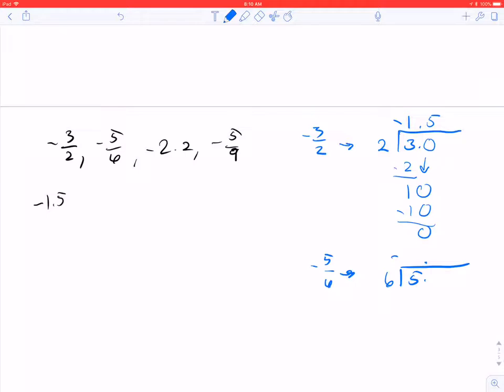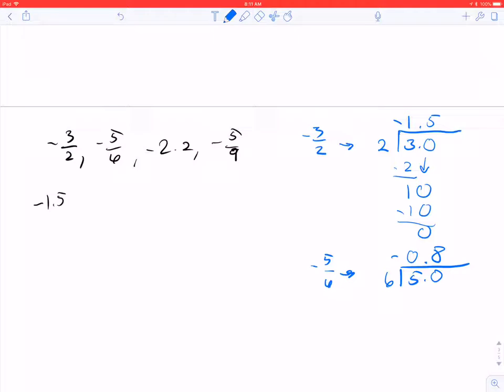Now notice the 5 is too small when you ask yourself how many 6's are in 5. So we need a larger number, so we're going to add a 0 here. How many 6's are in 50? Let's see, 6 times 6, 7, 8, 9. Okay, so 6 times 9 would be 54. That's going to be too large. So then let's do 6 times 8. 8 times 6 is 48.